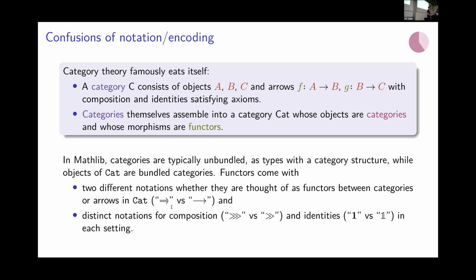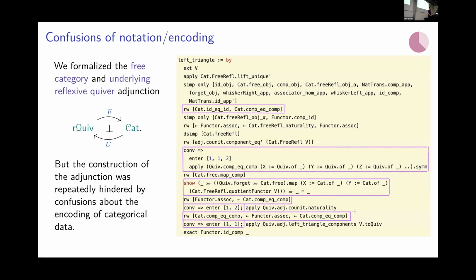The same thing holds for composition and identities, so it makes a mess. These highlighted areas are where you're rewriting with id eq id. This is talking about the id with one kind of font being equal to the id with a different kind of font.